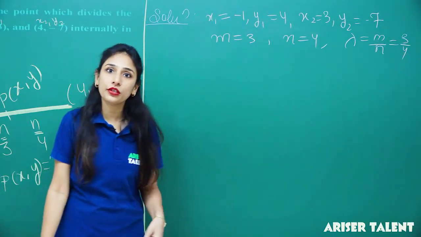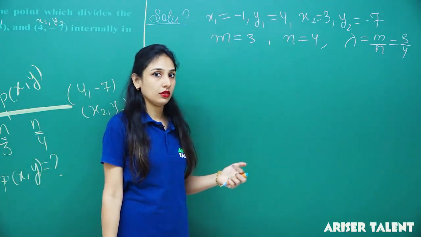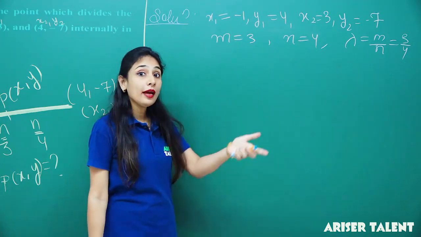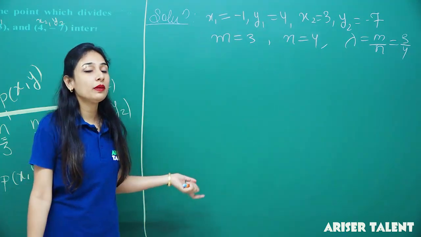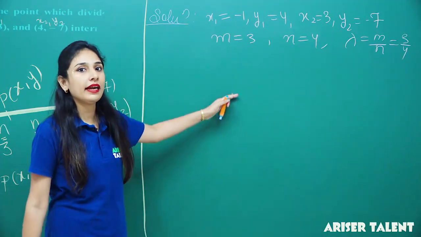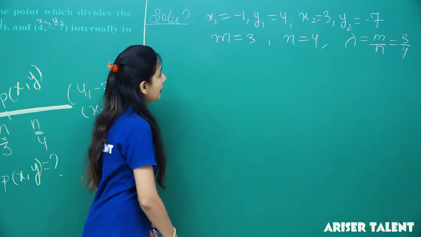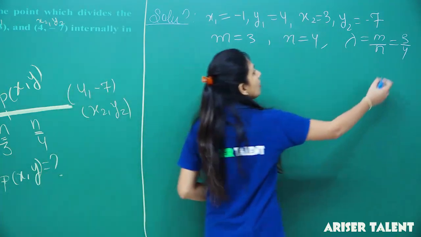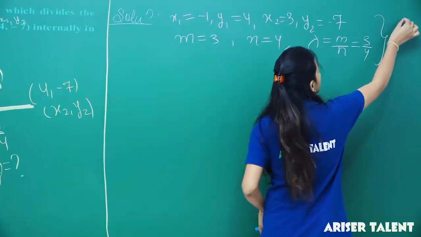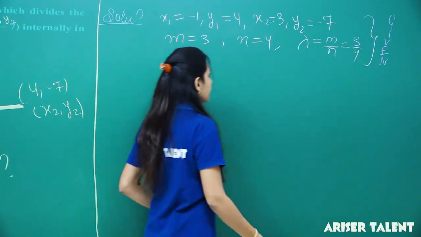Now you can choose your method of solving that question, whether you find it with m and n or apply the formula of lambda. That's up to you. So you decide what you're going to do. Now, in the solution part, we have these given parameters.